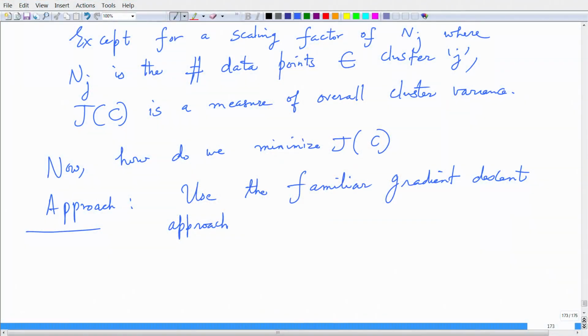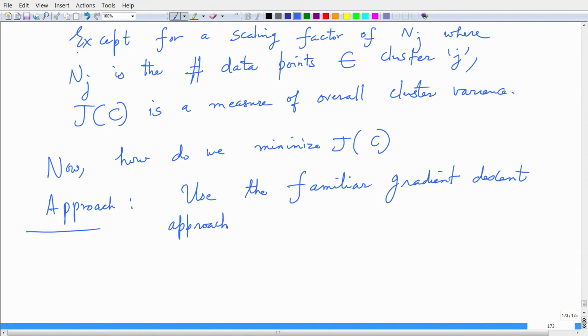Before we get into the details of the algorithm, the 2 steps, you may be savvy to observe that there is no scale factor n_j, where n_j is the number of data points that belong to cluster j, right.